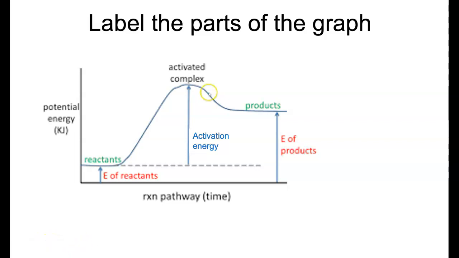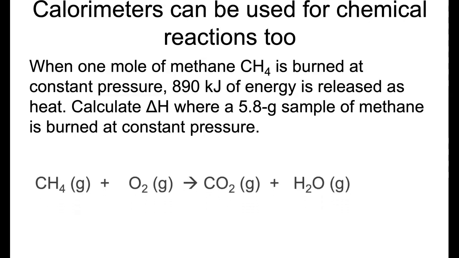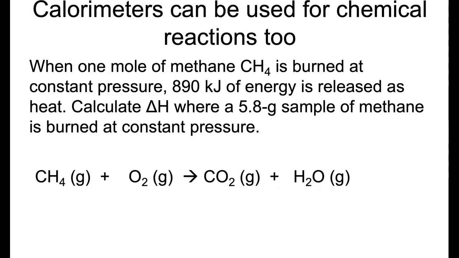Now, as you know, those calorimeters can be used in chemical reactions. When we made the solution the other day, that wasn't a chemical reaction, it was just a physical change. But here is a chemical reaction for you. Now, how are we going to attack a problem like this? Well, hopefully you were thinking we've got to write the equation. Now, what do I got to do with this equation? Of course, I've got to balance it.